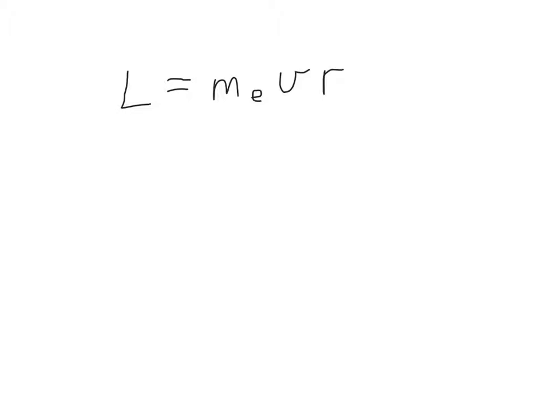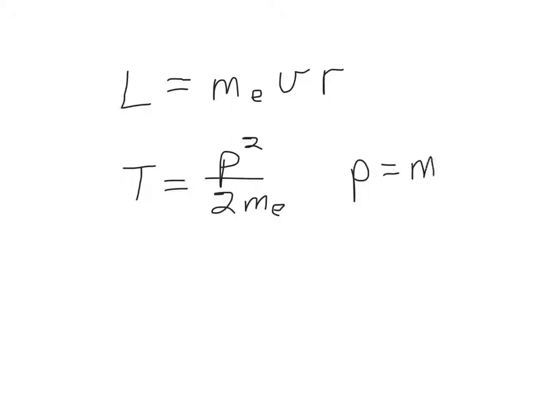So the kinetic energy is, in terms of regular linear momentum, p squared over 2 me, and p is mass times velocity.